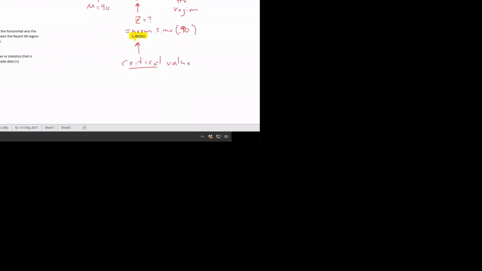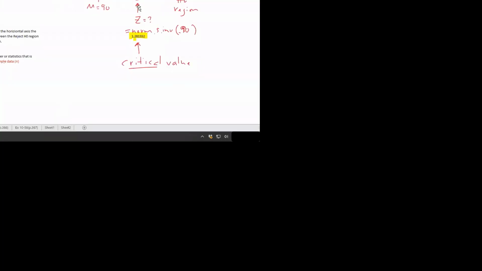The decision rule compares the computed statistic, which is based on this formula, remembering that it is derived from sample data, to the critical statistic on this side.